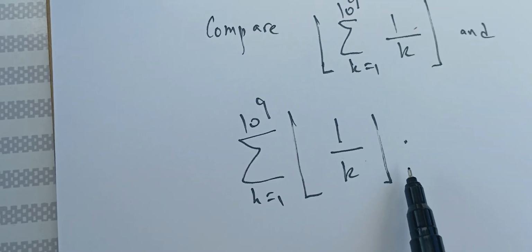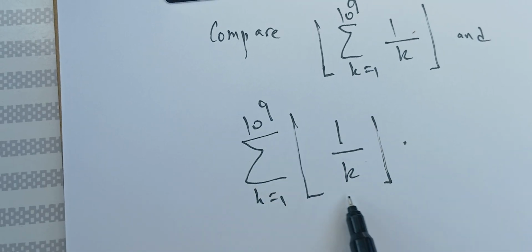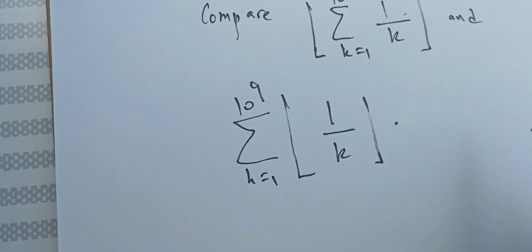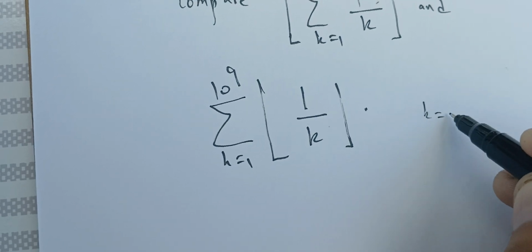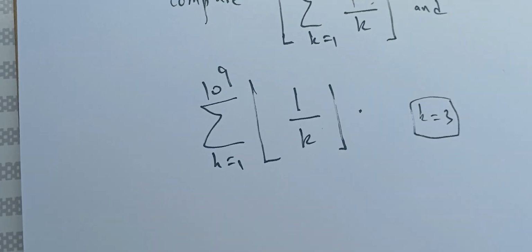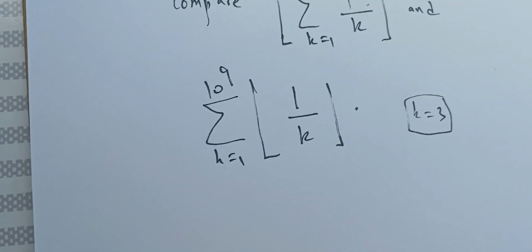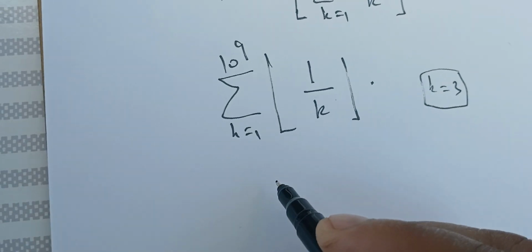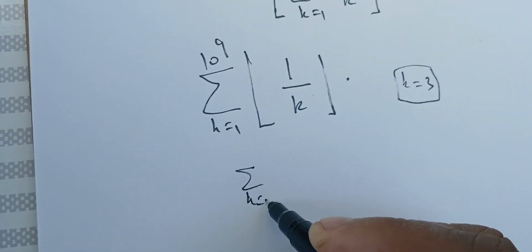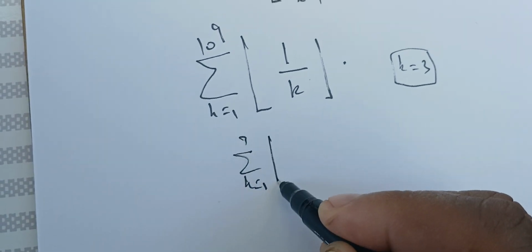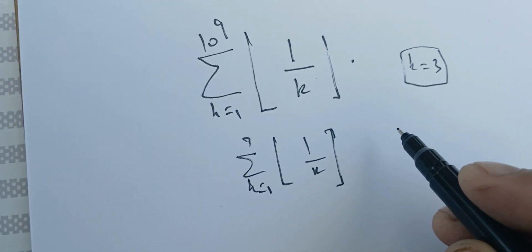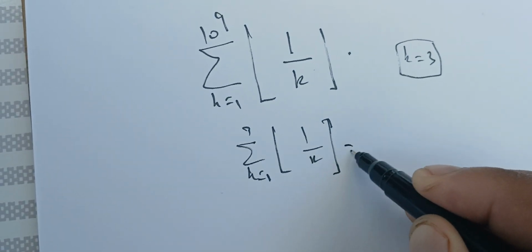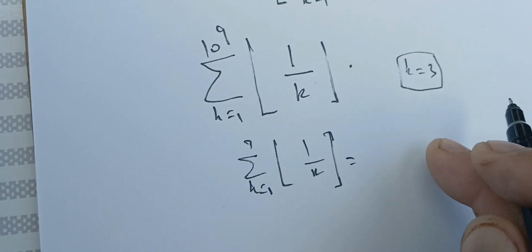We can see this one here, that this sum here, let's say k is 3. So here we see that this one is going to be the sum, where k is from 1 to 3 of 1 over k. In this case k is going to be 1, 2, and 3.